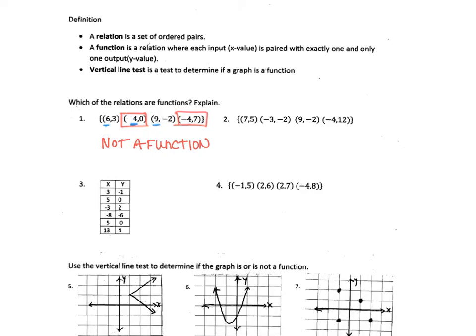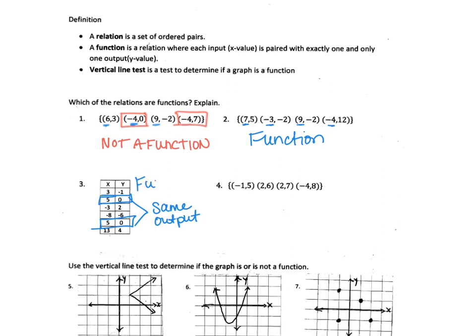With number 2, when we look at our inputs, 7, -3, 9, -4, there's no repeating inputs, so we have a function. Number 3, we have inputs of 3, 5, -3, -8, 5, and 13. So here we want to look at the 5. We have the same output, so even though it's listed twice, it's still the same output for that input of 5.